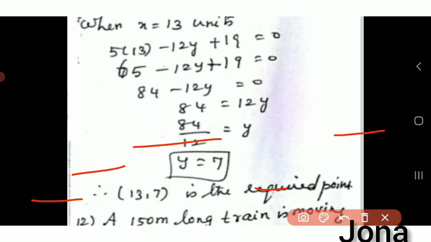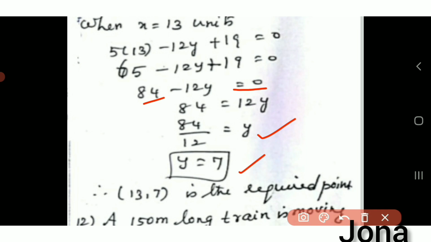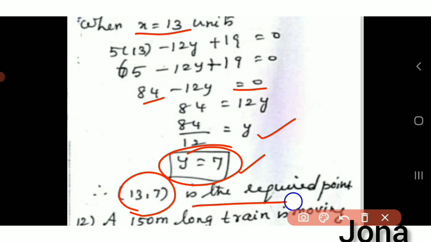And then simplify this. We have 84 minus 12y equal to 0. So 84 equal to 12y, y equal to 84 by 12, that is nothing but y equal to 7. So here x is 13 and y is 7. So now we got the point 13, 7 as the required point.